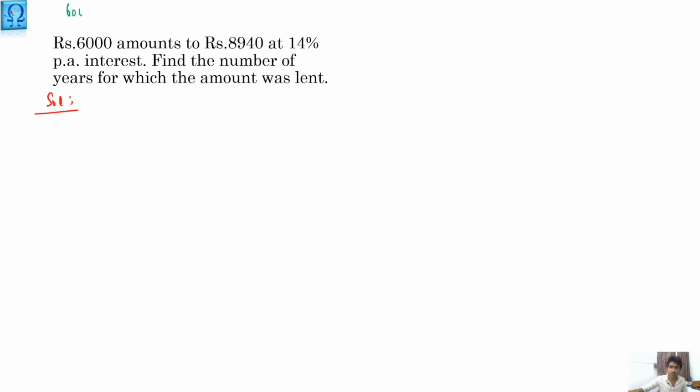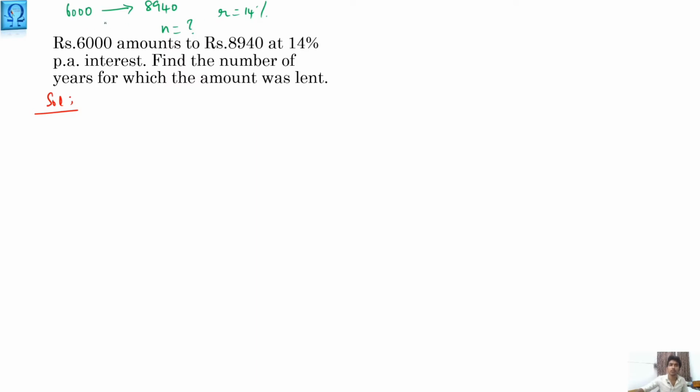Initially I have 6,000 rupees. It changes to 8,940 at 14 percent per annum interest. We are asked to find the number of years for which the amount was lent, which means n is the missing value. We need to find the value of n.